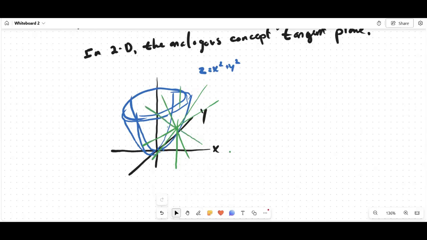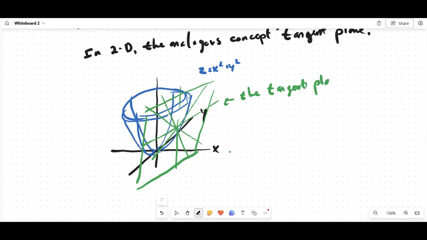There's a two-dimensional space determined by these tangent lines. And that space is a plane, and it's got a name. You can take a guess. The tangent plane. Come on, like tangent plane at some starting point.